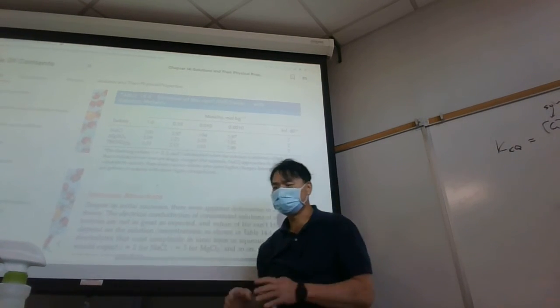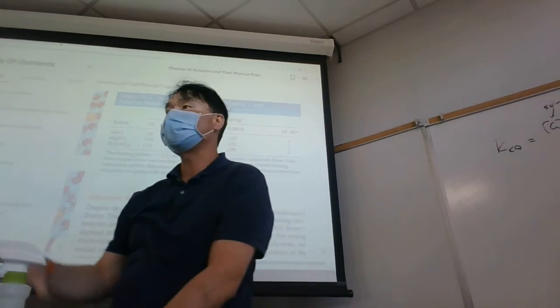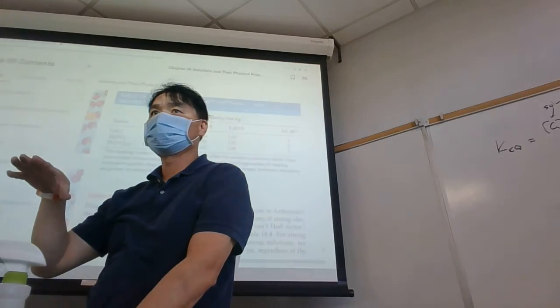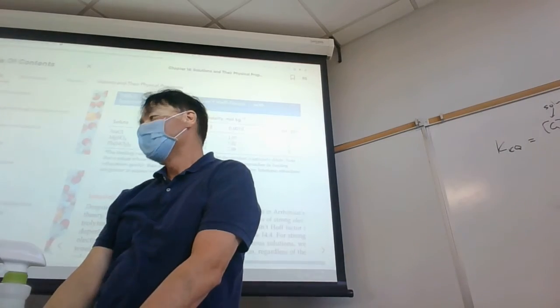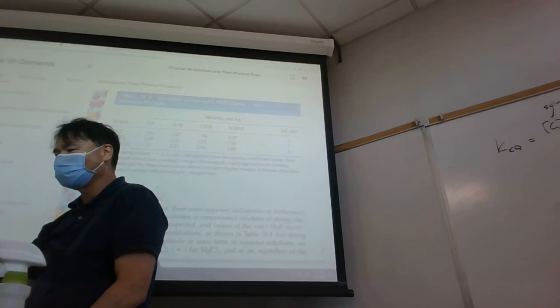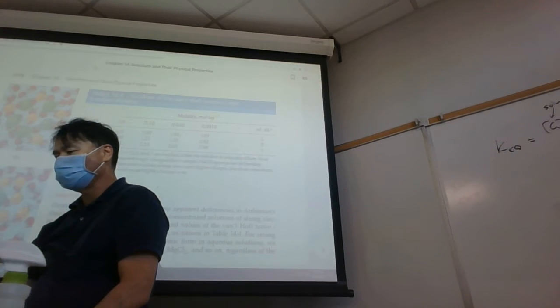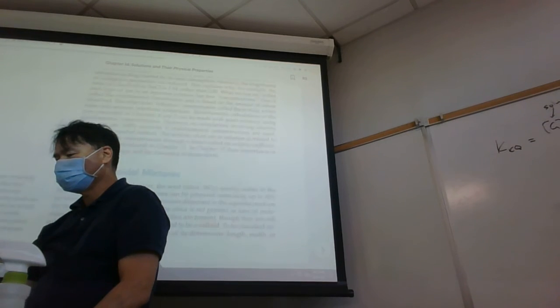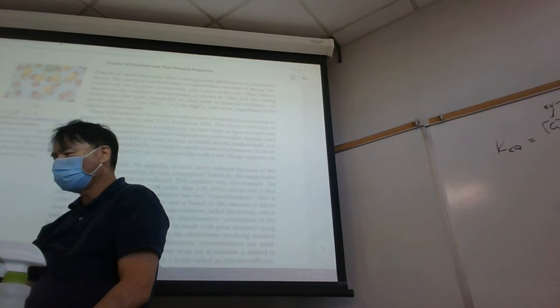Because of ion pairing, the effective concentration might be less than what you expect based on the stoichiometry. Activities are important for colligative properties back in chapter 14. This is just a few paragraphs, which would be worth reviewing.